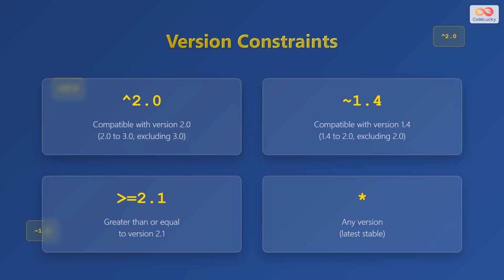The tilde symbol followed by 1.4, such as ~1.4, indicates compatibility with version 1.4, meaning versions 1.4 up to but excluding version 2.0. Greater than or equal to 2.1 means any version greater than or equal to 2.1. The asterisk symbol means any version is acceptable, which typically resolves to the latest stable version.